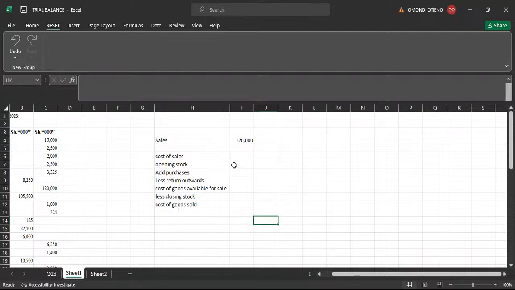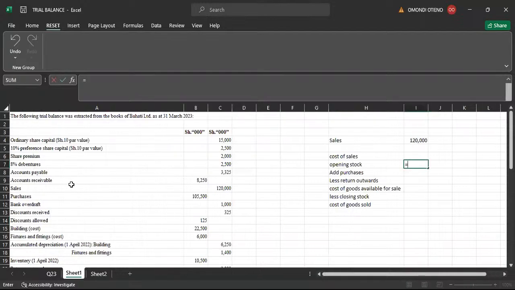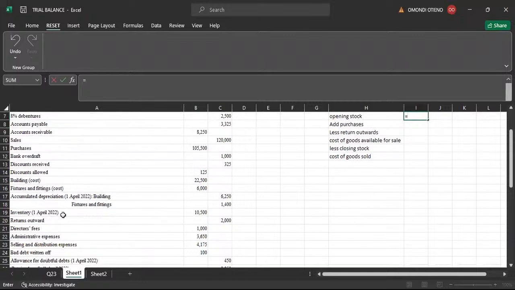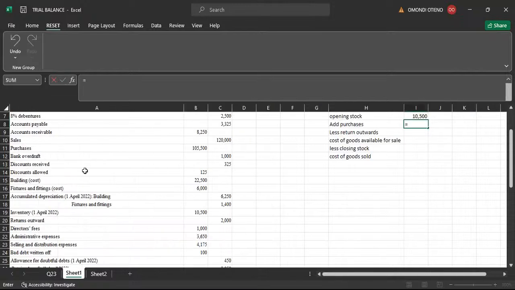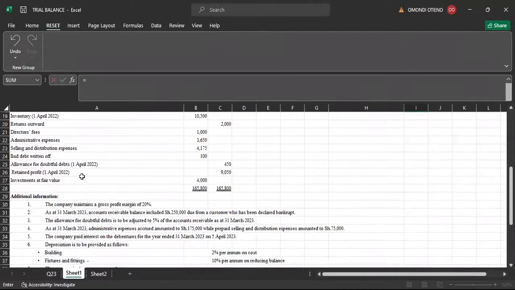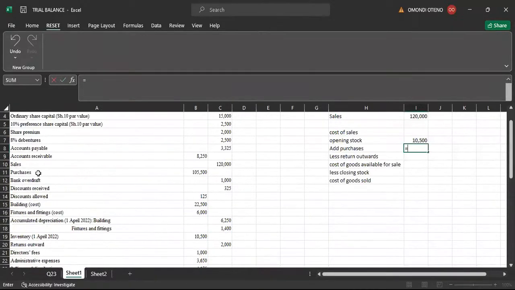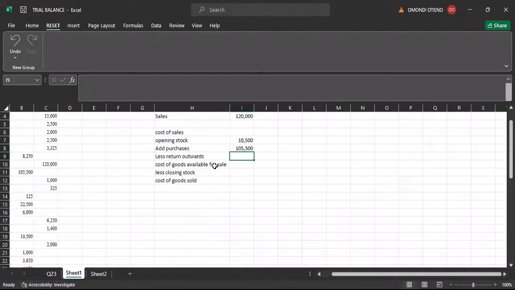So opening stock, do we have it in our question here? Inventory as at 1st of April 2022 is our opening stock. We add purchases. Do we have purchases here? Yes. Then we less return outwards.